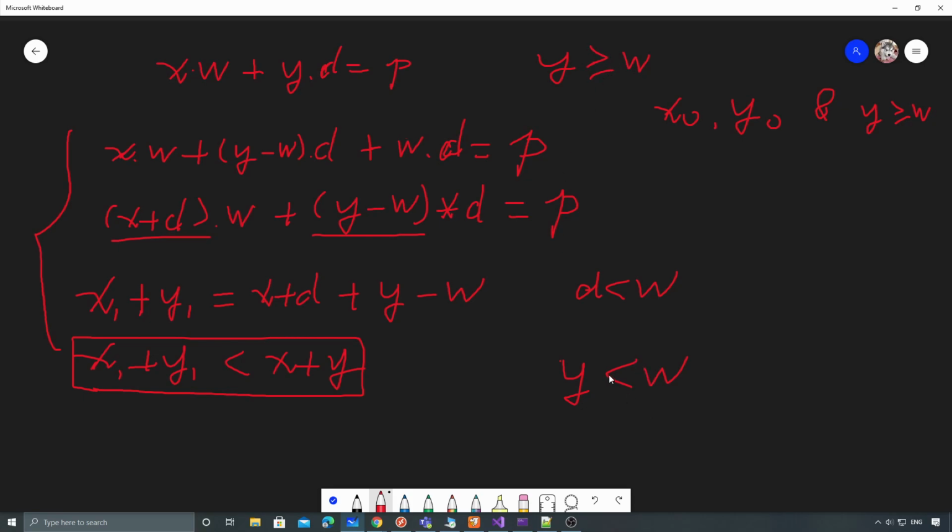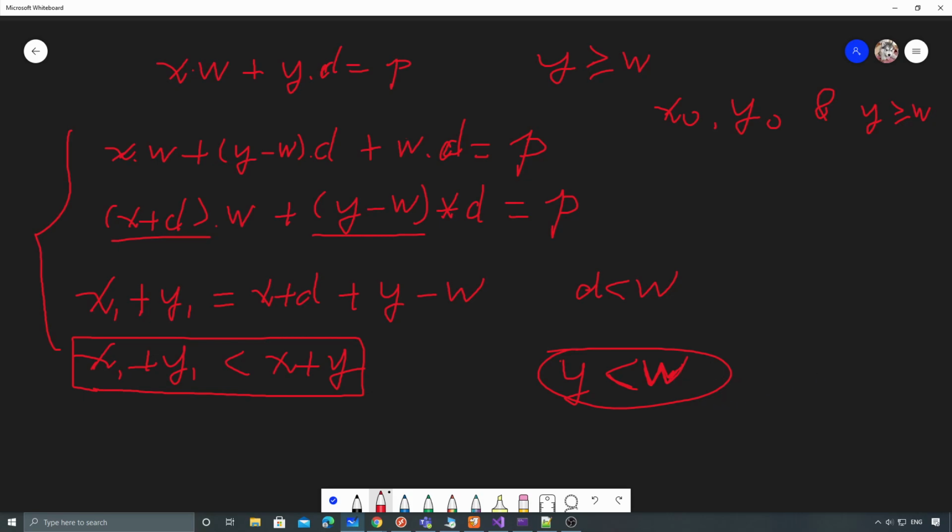So this narrows down our search range. Instead of searching everything, we can simply use this w as upper bound to search y here. I think that's everything we need to do for this problem. As long as we can prove that, we only need to search from 0 to W. The rest is pretty straightforward.